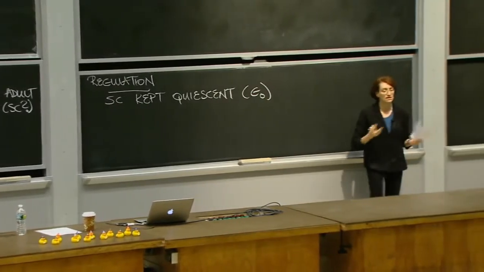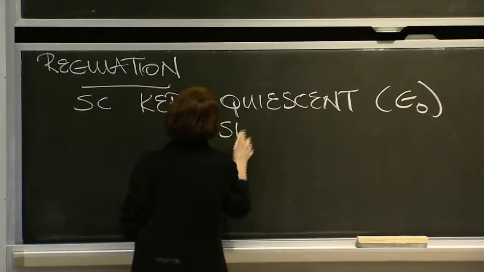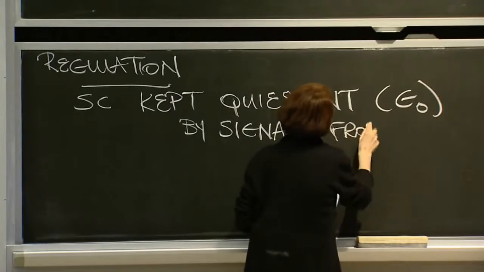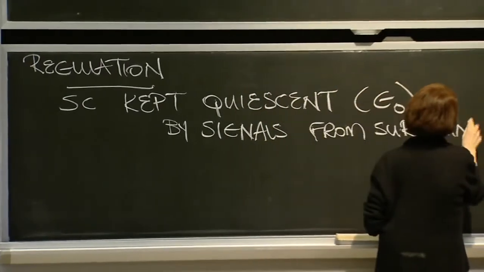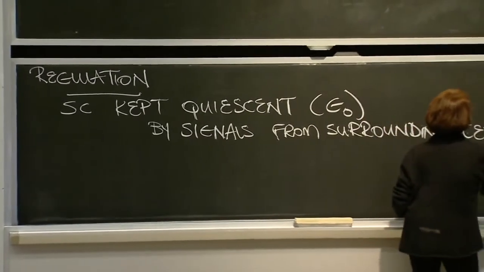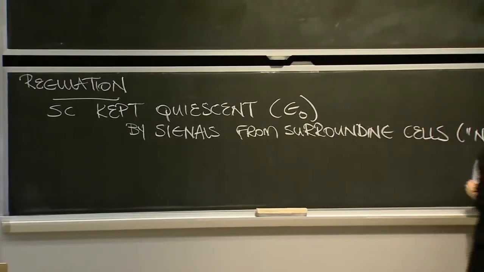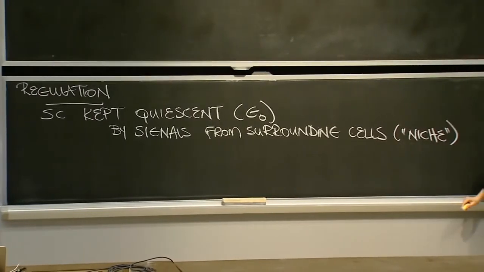So there's cell-cell interaction, and those are given a special name by stem cell biologists. They're not that special, but they're given a special name. They're called niche cells or the niche. Okay, they're just surrounding cells that are secreting signals.